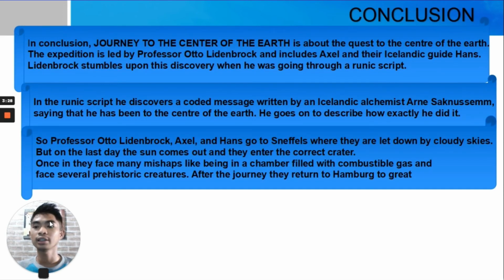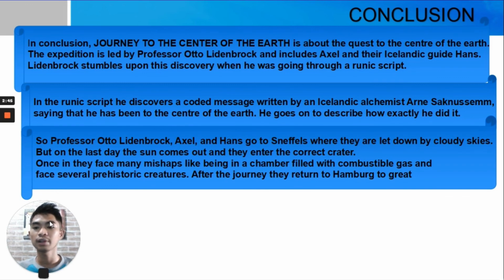In conclusion, Journey to the Center of the Earth is about the quest to the center of the Earth. The expedition is led by Professor Otto Lidenbrock and includes Axel and their Icelandic guide Hans. Lidenbrock stumbles upon this discovery when he was going through a manuscript.